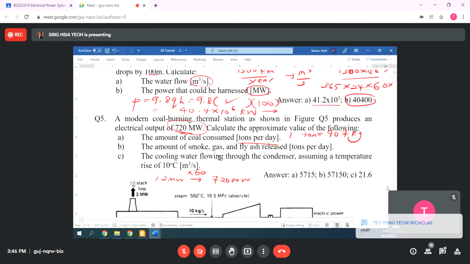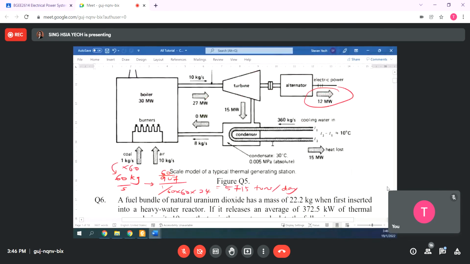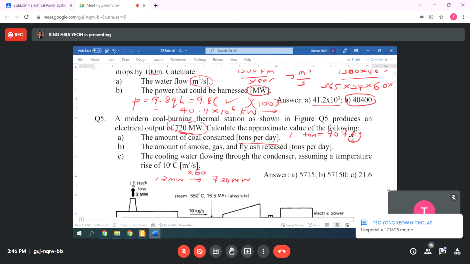This kind of change unit thing is not in your exam. If I want you to change units, definitely I will give you the value, like 1 ton equals 907 kg. So no worry about changing units. It's just a question for tutorial 1. This is a question from one book only.